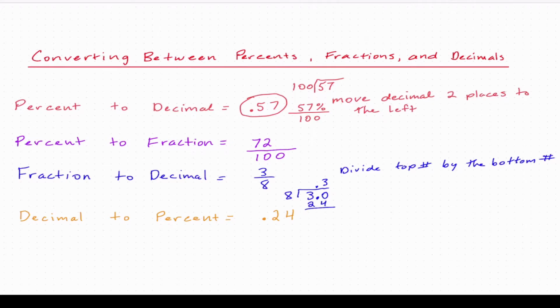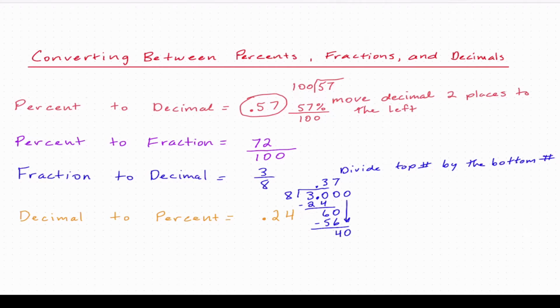30 minus 24 leaves us with 6. We're going to add another 0. How many times can 8 go into 60? 7 times. We'd have 56. Subtract that, we get 4, and we'd add another 0 and drop that down.